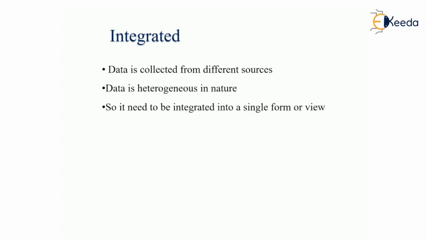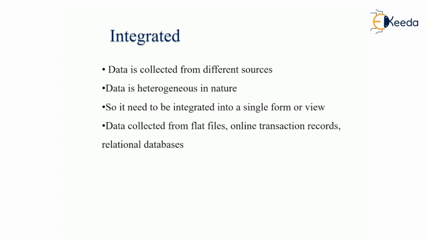So it needs to be integrated into a single form or a single view so that querying operations are easily possible. The data is collected from different sources, and these sources may be flat files, online transaction records, or relational databases.